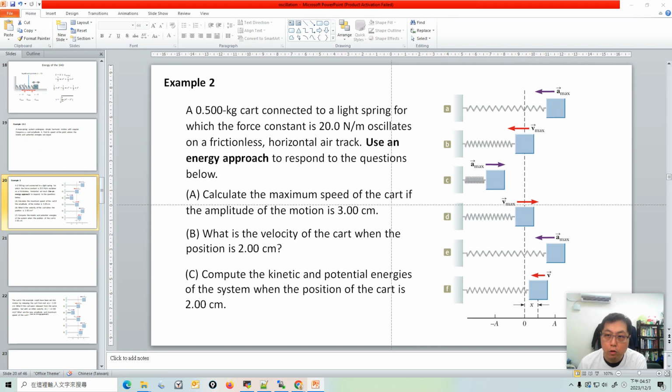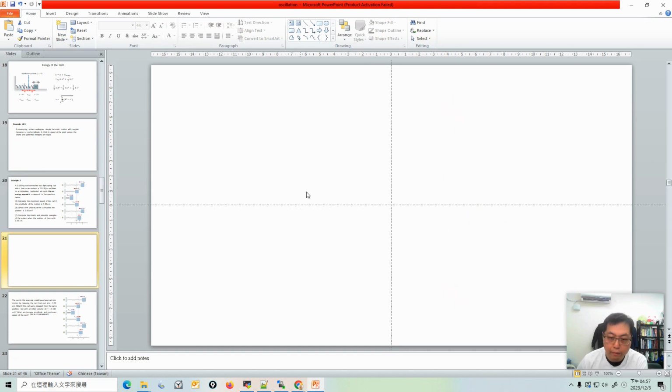Okay, I'll use this blank page. What's the information from this problem? The mass is 0.5 kilogram, and the force constant is 20 Newton per meter.